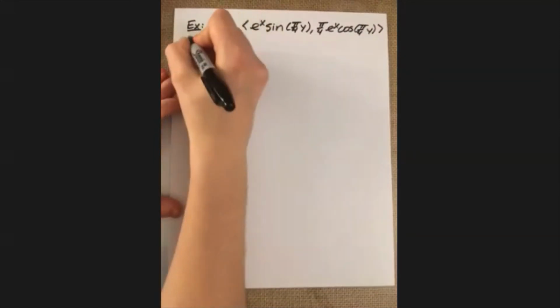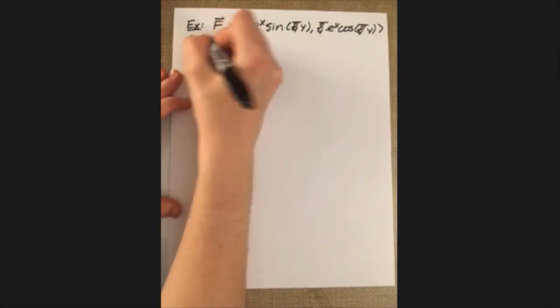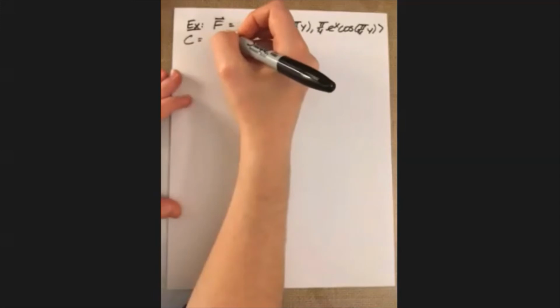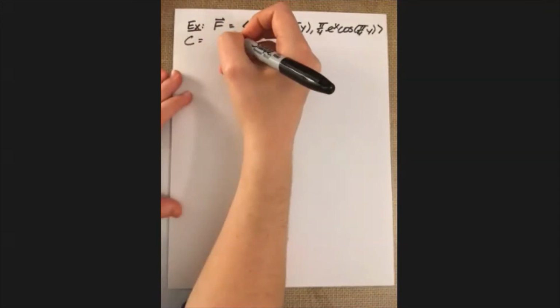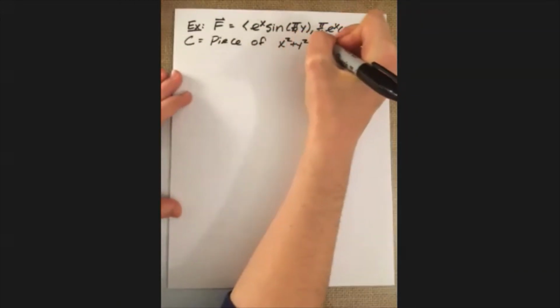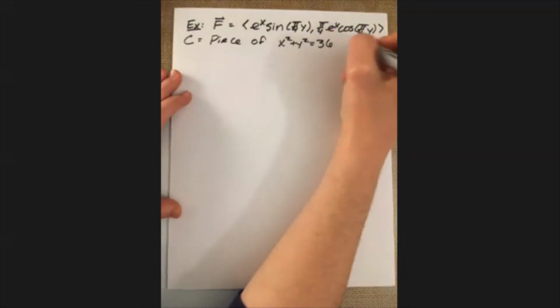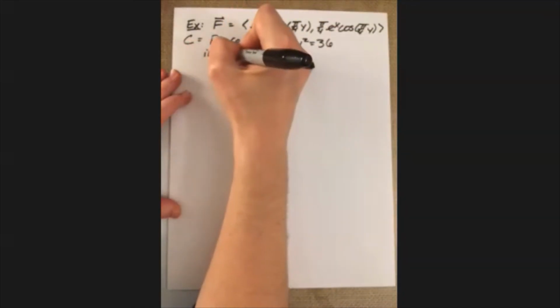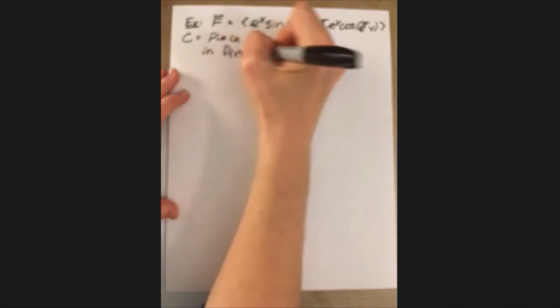And in this case, our curve is going to be equal to the piece of the circle x squared plus y squared equal to 36 in the first quadrant.